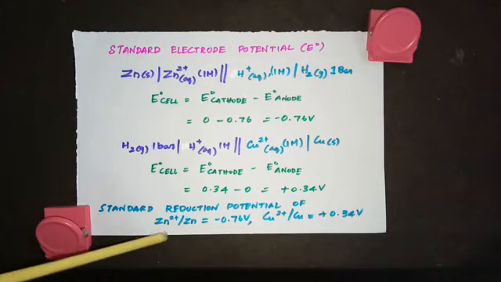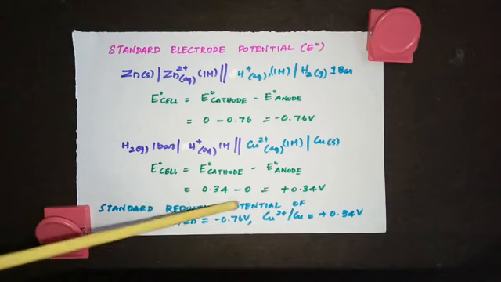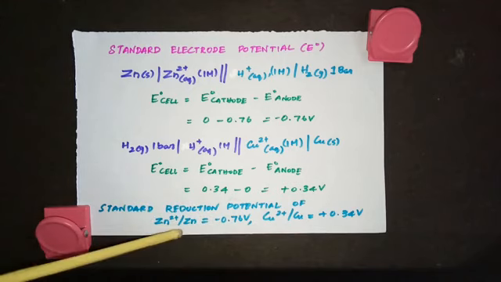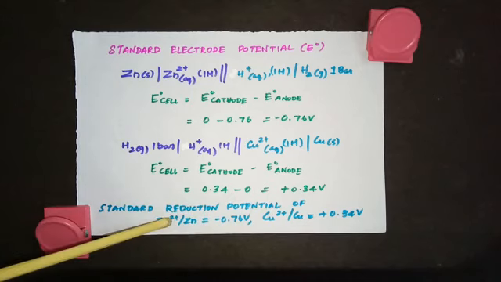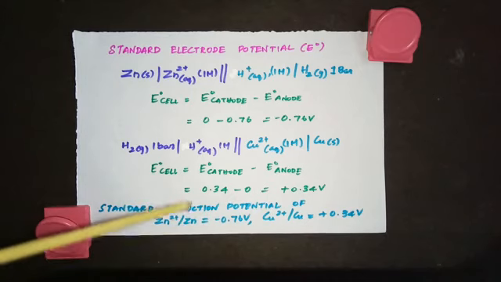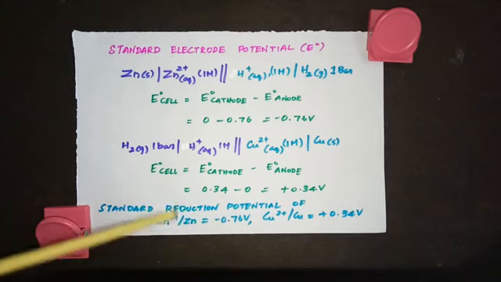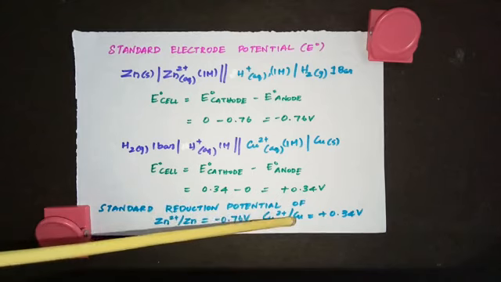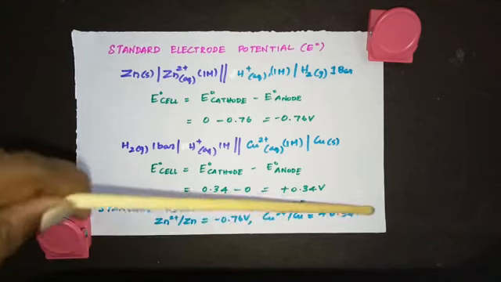But here we are representing the reduction because we are talking about reduction potential. So Zn2+ slash Zn, because from 2+ it is going to 0 when we represent this way. So this represents reduction. Same way Cu2+ to Cu, again reduction is here. So this is the reduction potential.